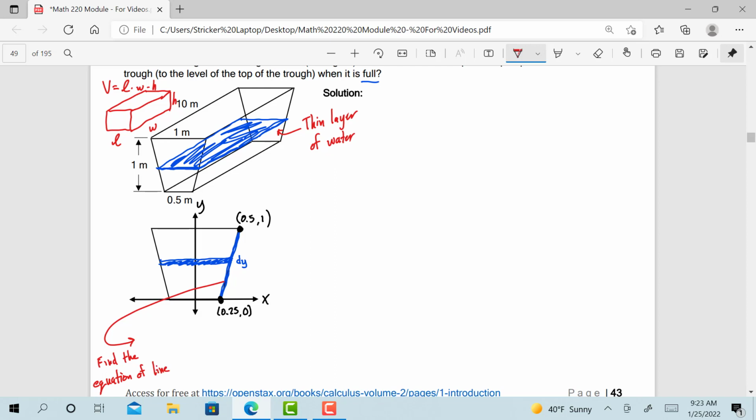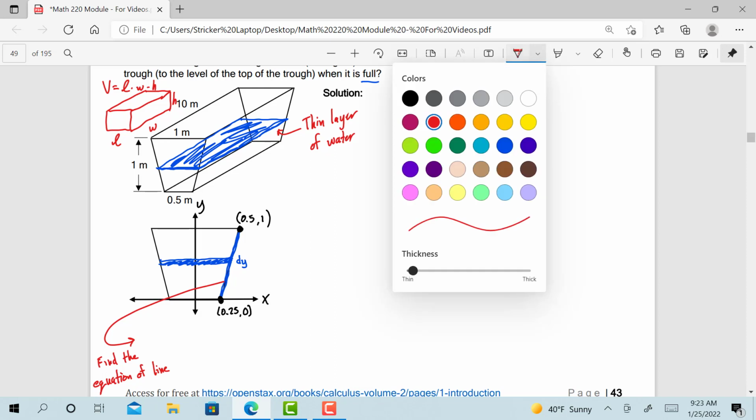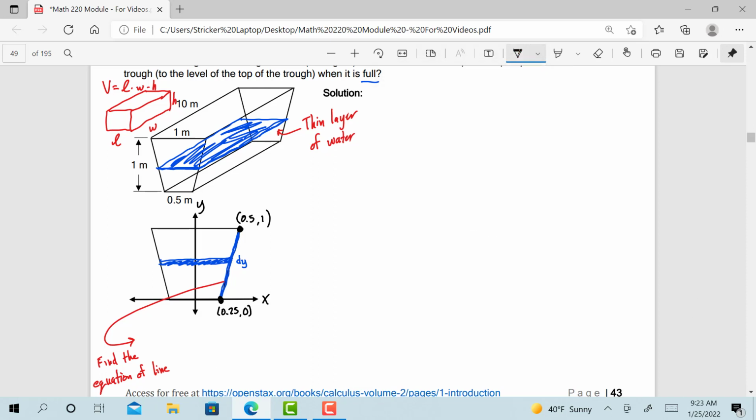So the way we're going to do that is from algebra, right? How do we find the equation of a line? Well, we first need to know the slope. The slope is equal to y2 minus y1 over x2 minus x1. And we just use those 2 points here, the 2 points that we found on the line.